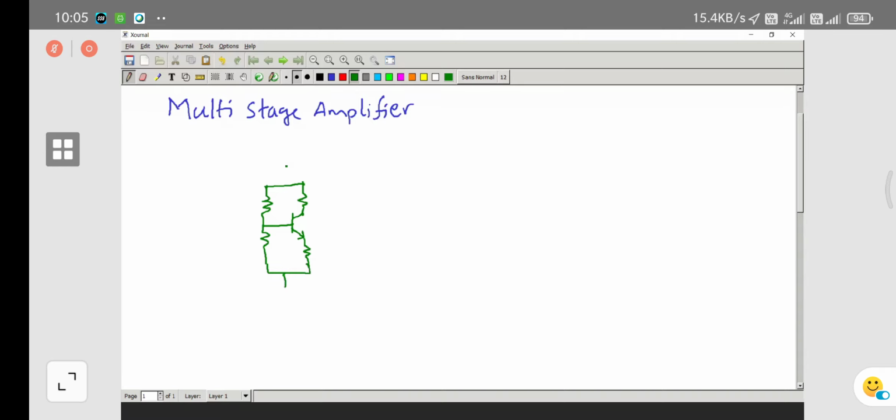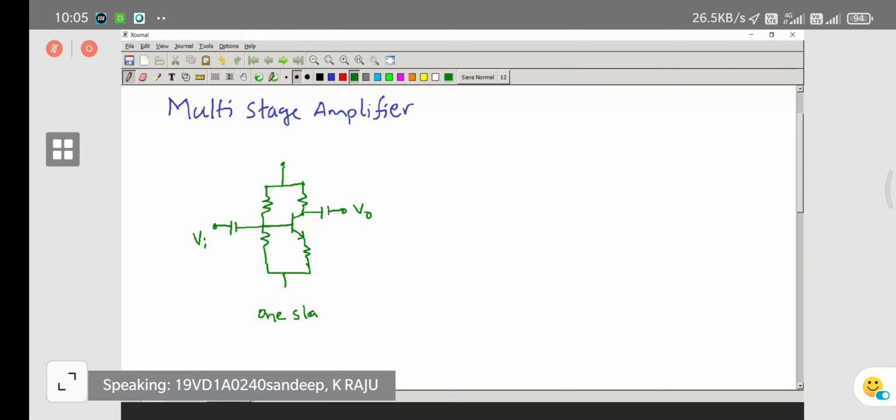We are going to take output at the collector, and we are going to give input at the base, and this is the basic amplifier circuit. But this is the first stage, one stage. We are having only one stage, so this is a one stage amplifier.